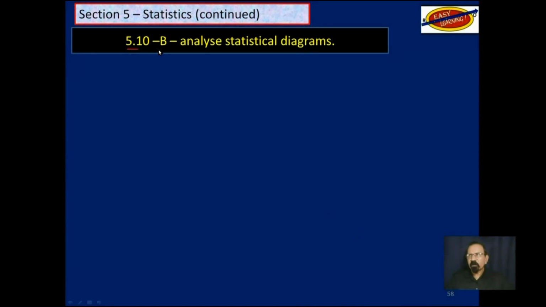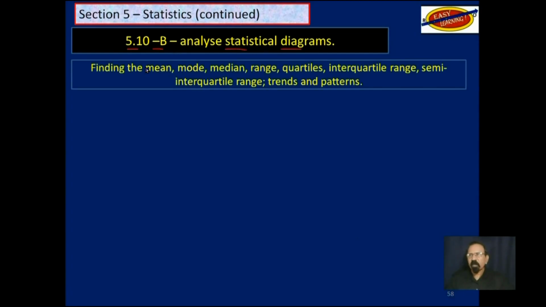Section 5.10b, analyze statistical diagrams. And to do that, we would have to find mean, mode, median, range, quartiles, interquartile range, semi-interquartile range, and if there are any trends or patterns.